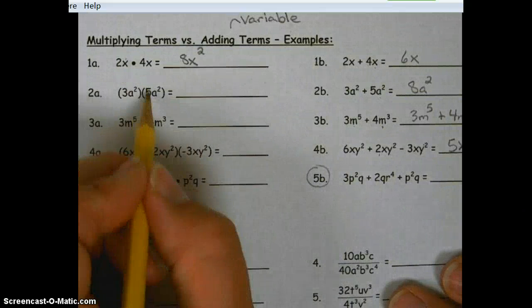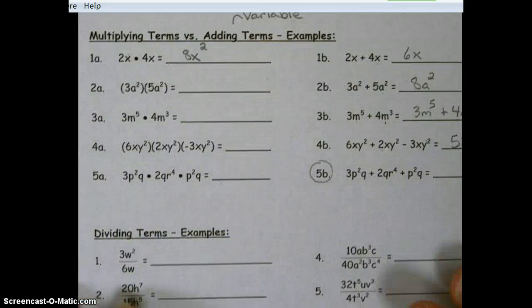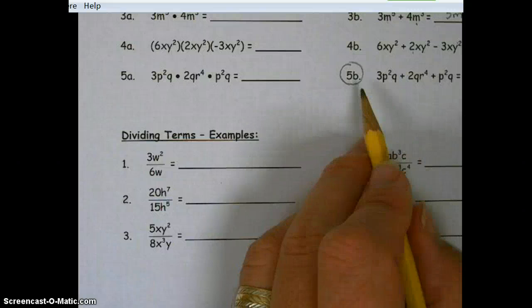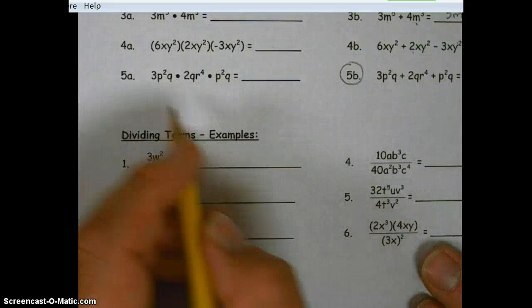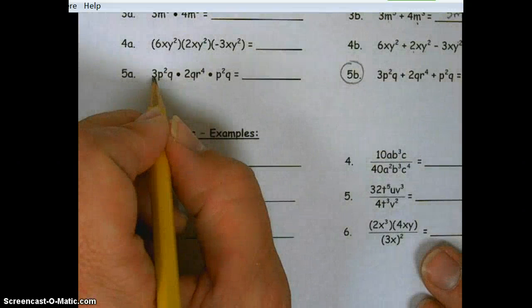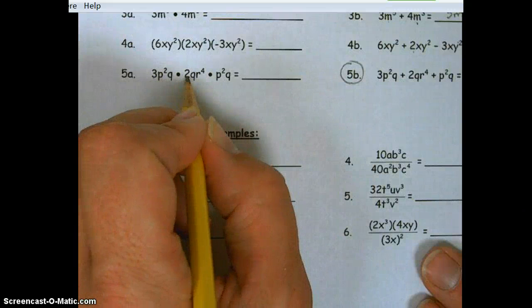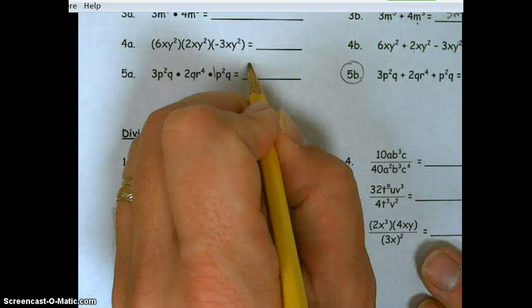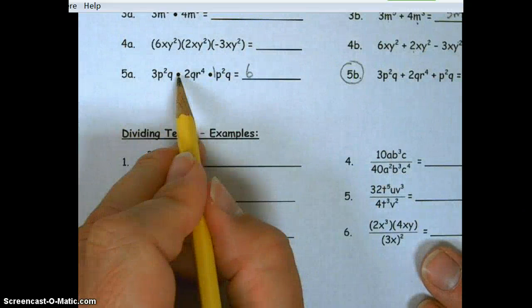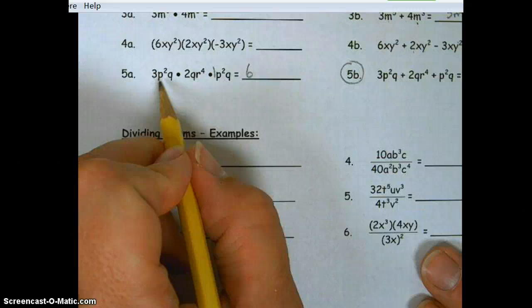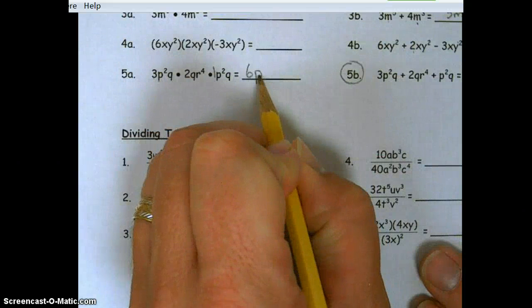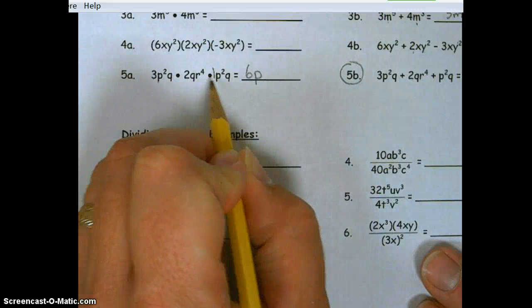Alright, I'm going to go ahead and let you finish those. Since I'm going to have you do 5b, let's do 5a together. So let's start off by multiplying the coefficients. 6, and remember that's a 1. 6 times 1 is 6. Since we're multiplying, we're going to write down the first base that we see, which is p, in alphabetical order.